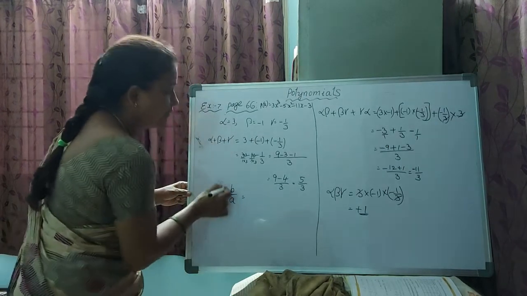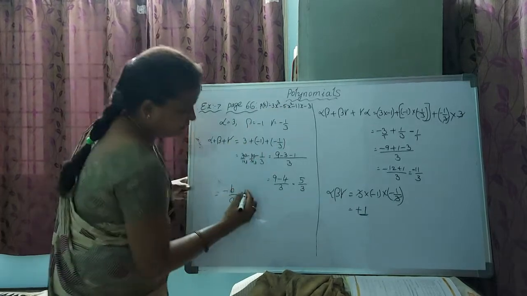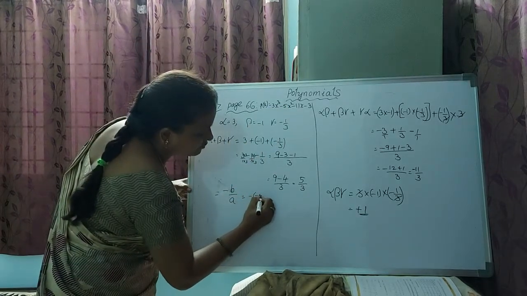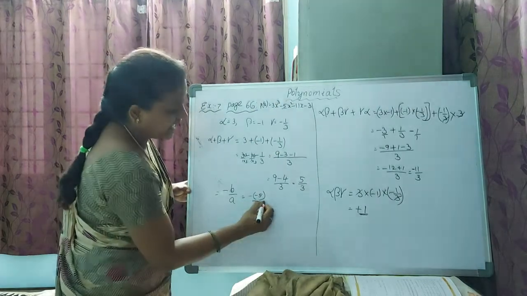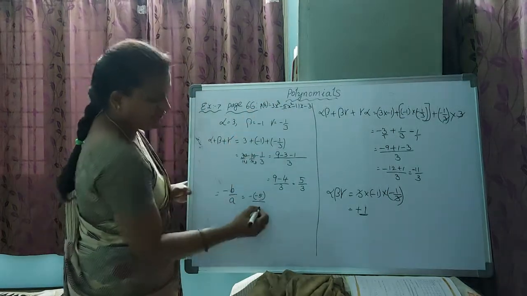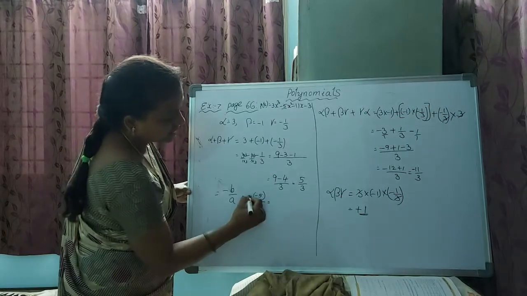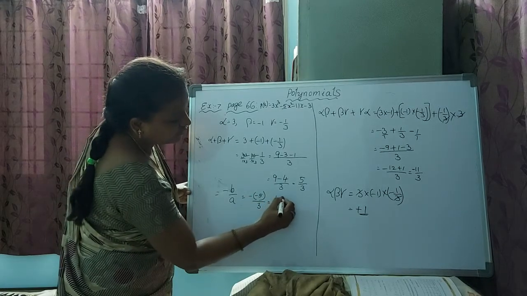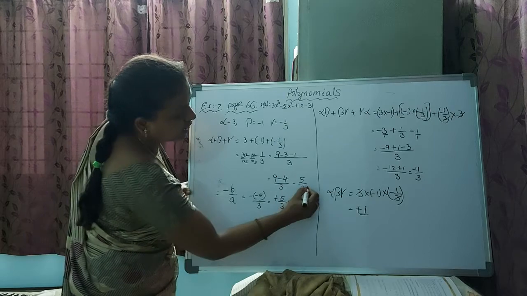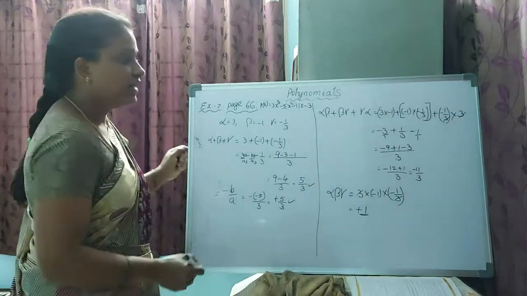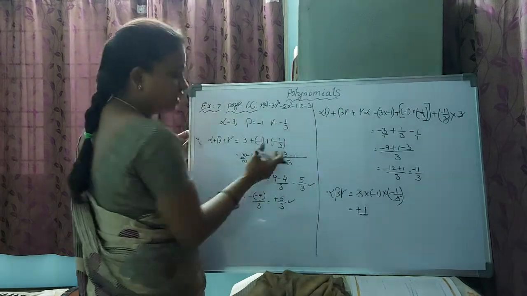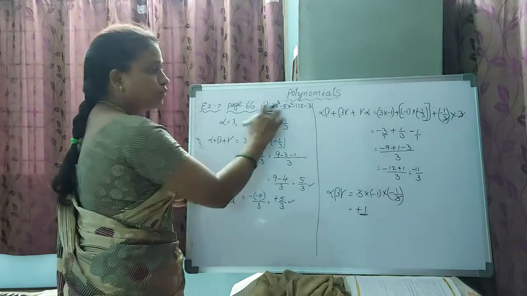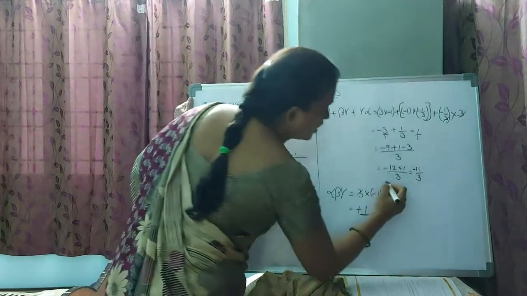Minus b. B means the x square coefficient. Minus 5 is there, x square coefficient, by a. A means 3. So minus into minus, plus 5 by 3. So both are the same. We verified. Next, here, if you come to the coefficients, according to our polynomial, how to verify this one?